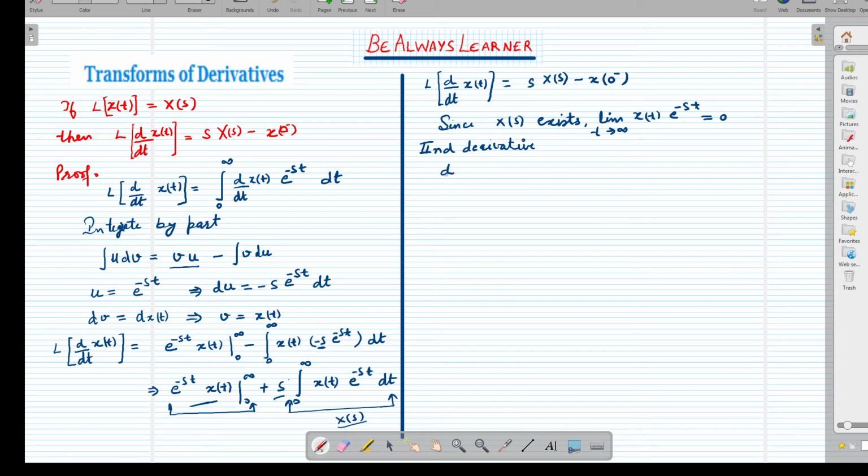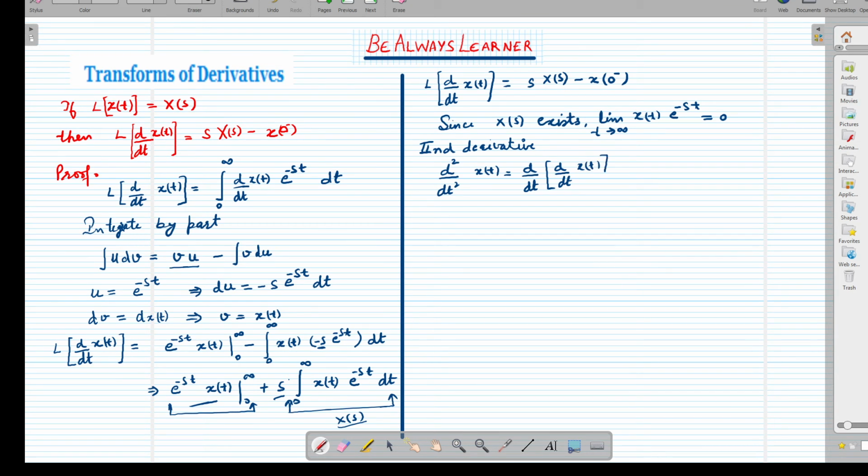So for that, d square by dt square of x can be written as d by dt of the first derivative, meaning the double derivative of x.